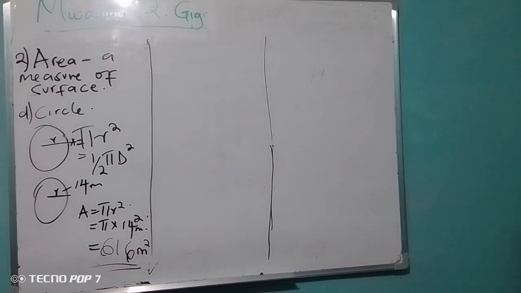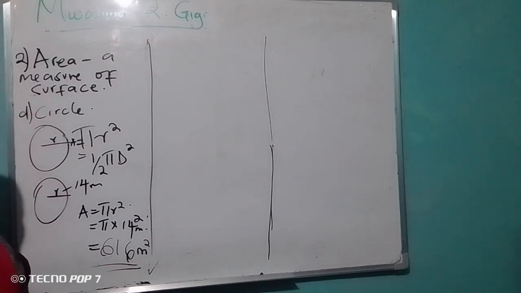Fanya vizuri. 22 over 7 times 14 squared. 16 meters squared. That's the formula of finding the area of a circle.